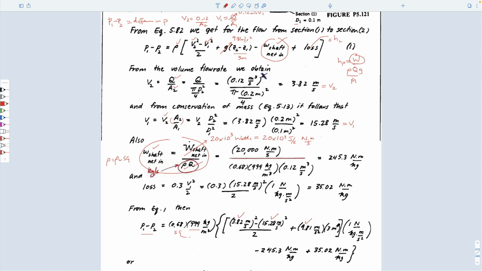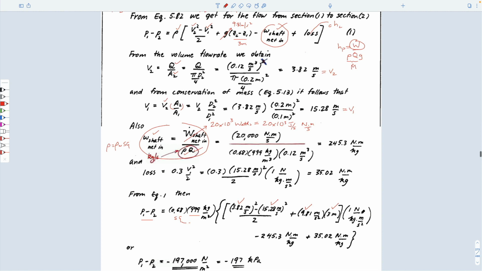This is gravity. This is the head difference between upstream and downstream. And multiplied by conversion. This is the shaft work, which comes out of this equation here. This is 20 kilowatts, which is this term. And the final remaining term is the loss, which is it.